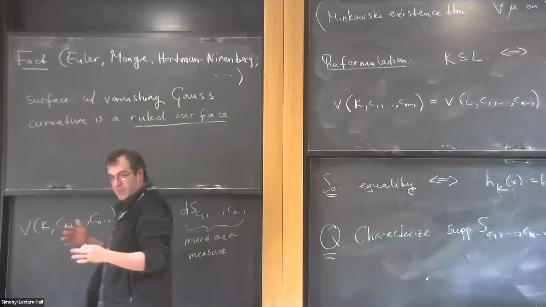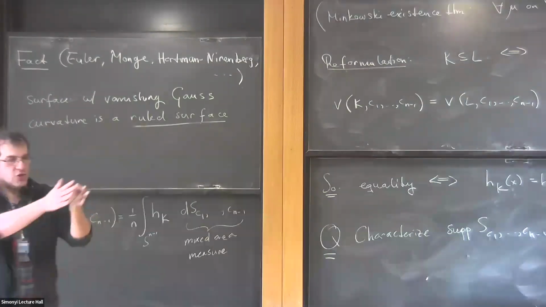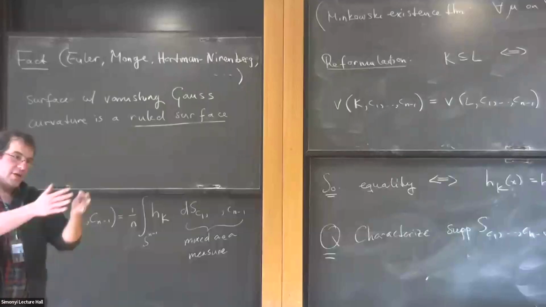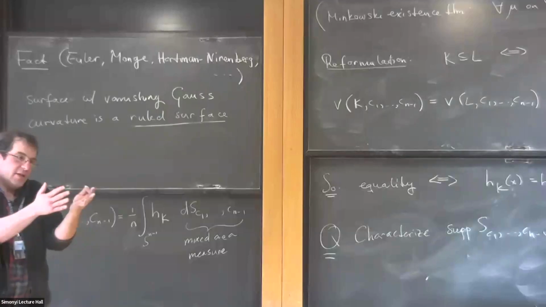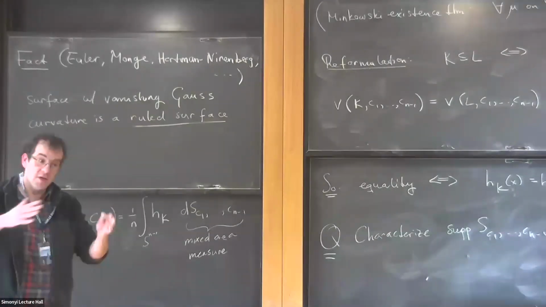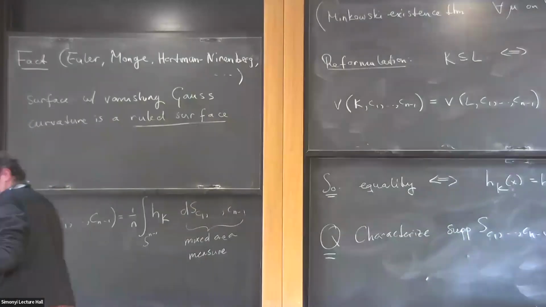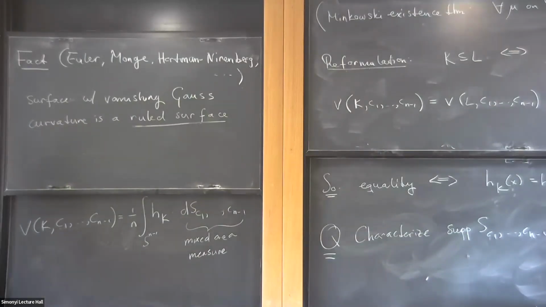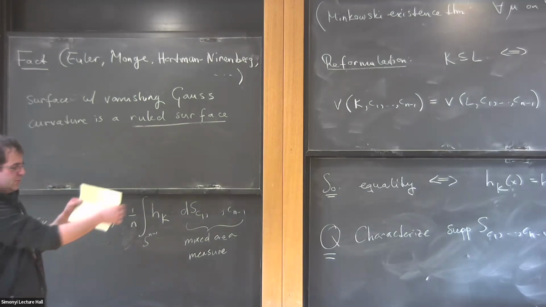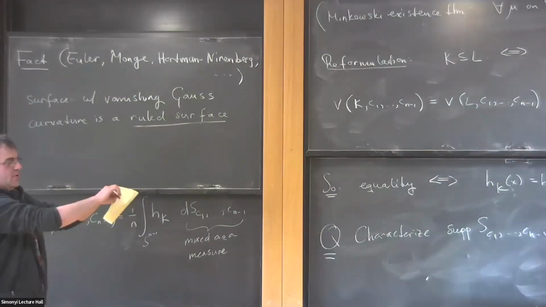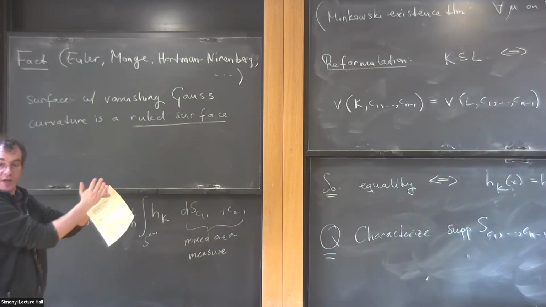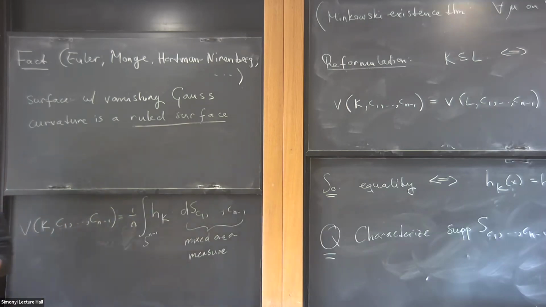Well, basically what that means is that the surface can be foliated into a bunch of lines where it behaves linearly. So it's like you take a piece of paper with all of its lines, and you can fold it up however you want. But however you fold up this piece of paper, you're always going to have a bunch of straight lines. And that's called a ruled surface.